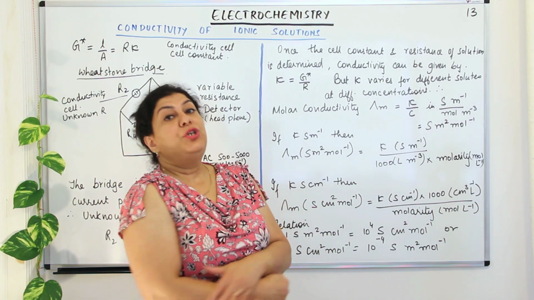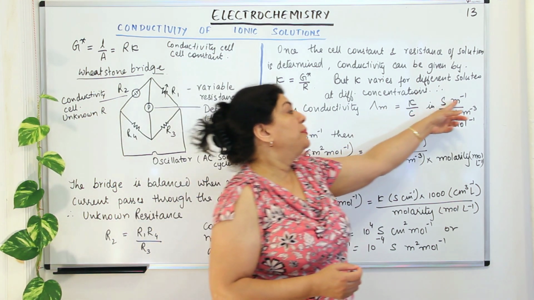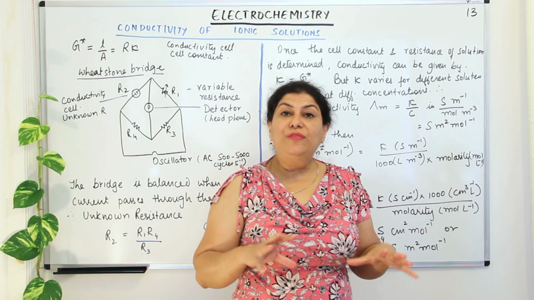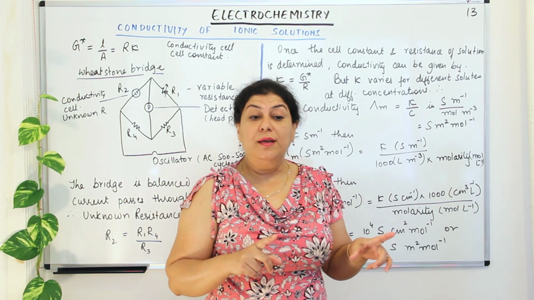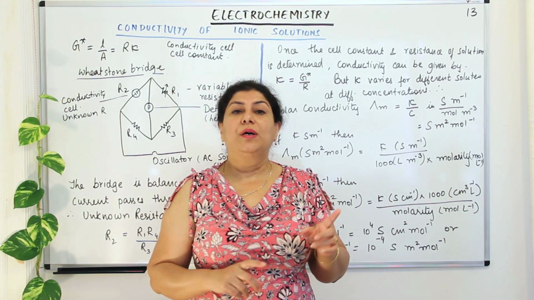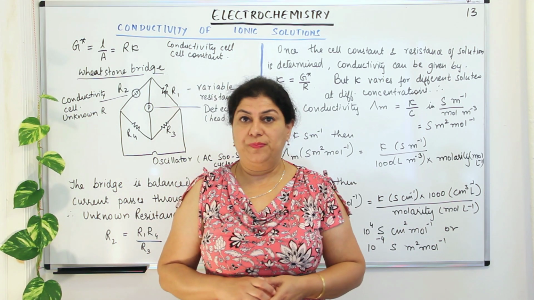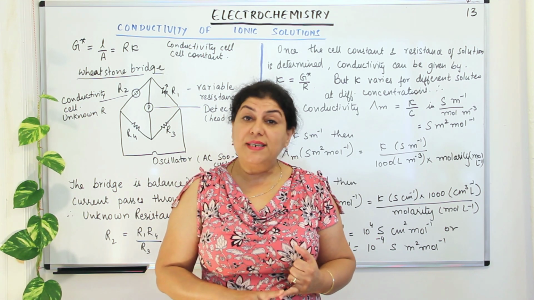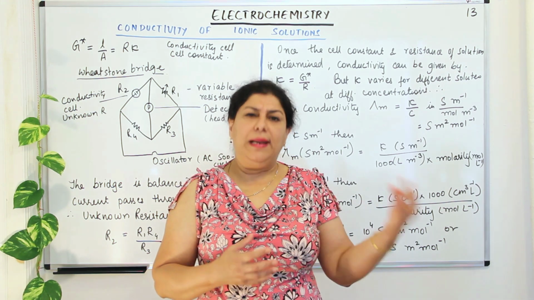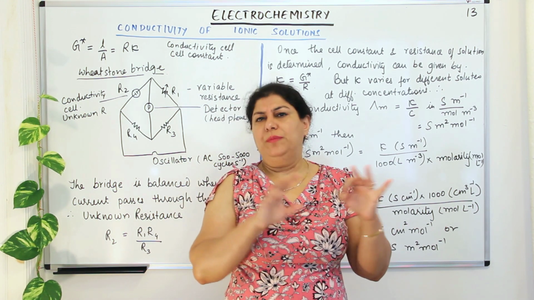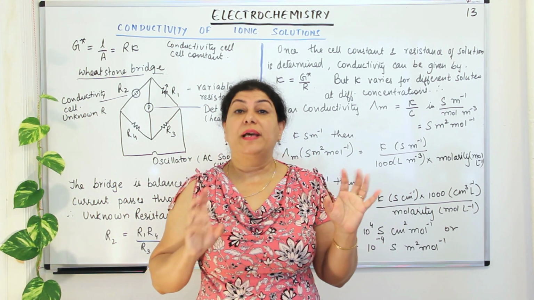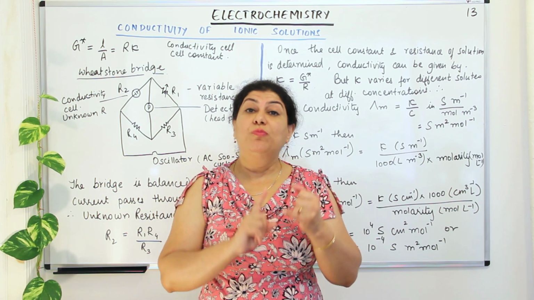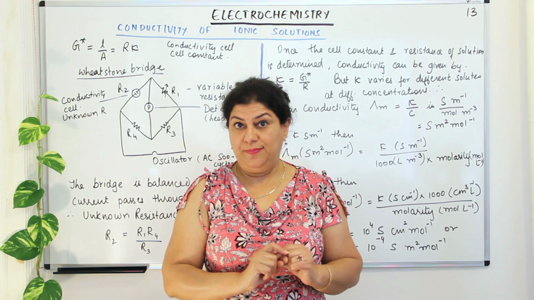Now we know that the unit for conductivity is Siemens per meter. How do we usually measure the concentration? We usually measure it in terms of molarity or molality, normality, but most often we use molarity. And molarity means moles per liter.